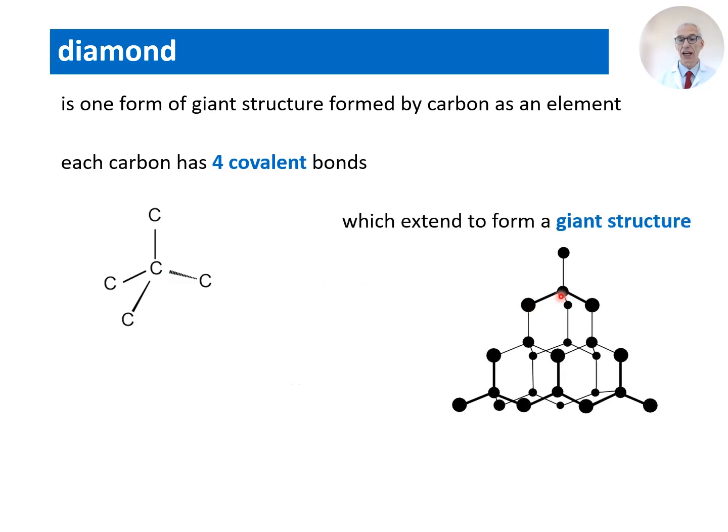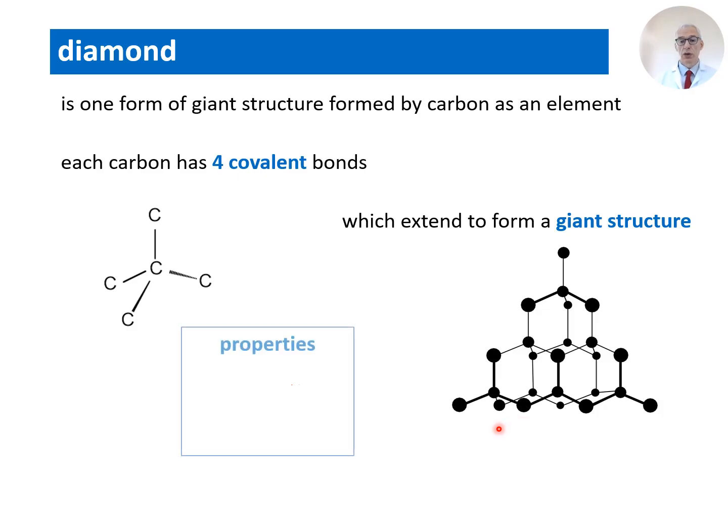If we extend that structure, we will get a giant structure. This carbon I'm highlighting needs to form 3 more covalent bonds. So if we take here 1, 2, 3, 4, each carbon in the structure has 4 covalent bonds. And that structure will continue until we run out of carbon atoms.